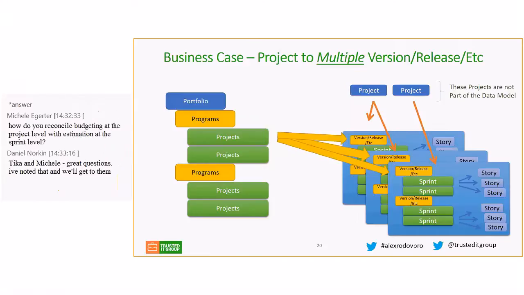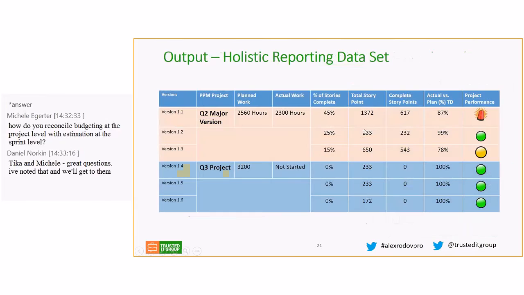Let's say they keep working and generating a lot of data, right? This data results in something like this. This is basically a table, and it tells us the version and the PPM project name, and you can see that this project is tied to three different versions.